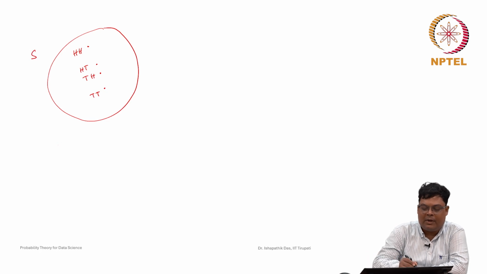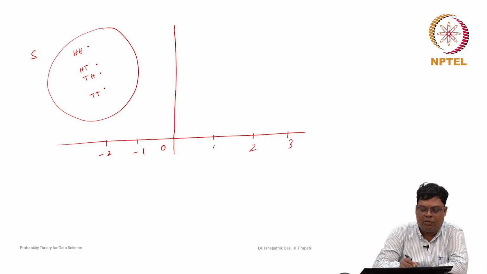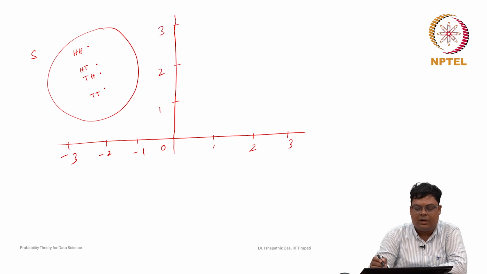Now, by the random variable X, suppose this is 0, 1, 2, 3, and here -1, -2, -3, and on the other axis also 0, 1, 2, 3, like this. X of HH is nothing but 2.